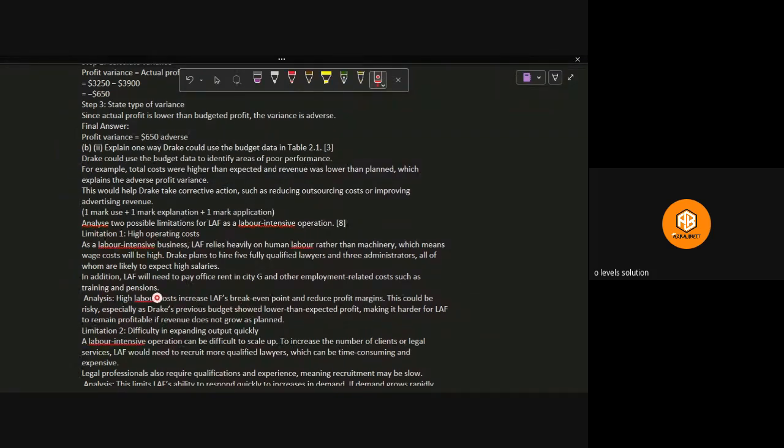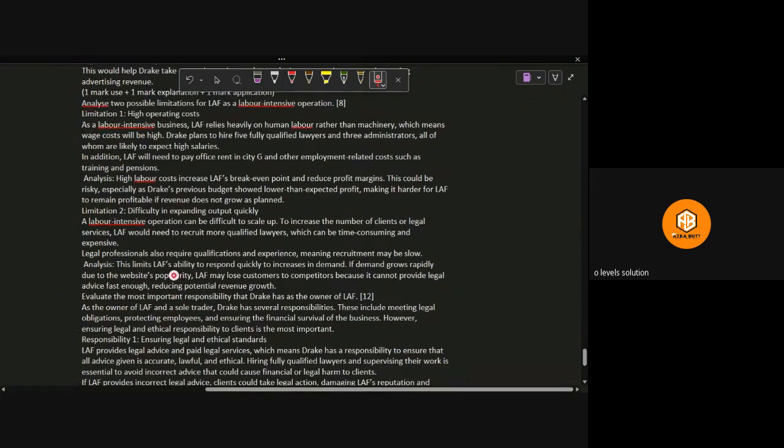If the labor cost is increasing, your break even point rises and your profit margins reduce, and this could be risky, especially as Drake's previous budget showed lower than expected profit. We have seen this in the case study, making it harder for LAF to remain profitable if revenue does not grow as planned. Then it will be very difficult for him to pay the administrators and rent the office and all these things.